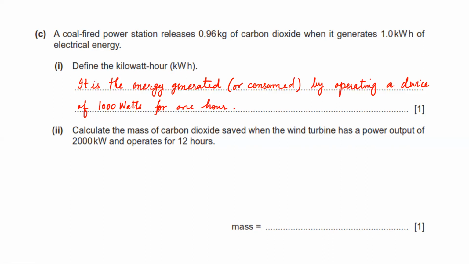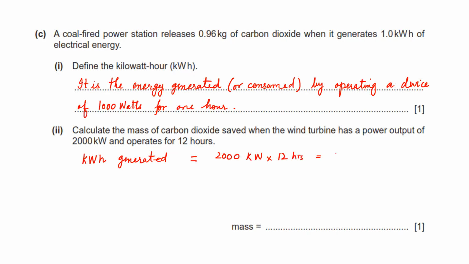Then part 2, it says calculate mass of carbon dioxide saved when wind turbine has a power output of 2000 kilowatts and operates for 12 hours. So the kilowatt hours generated is 2000 kilowatts multiplied by 12 hours.